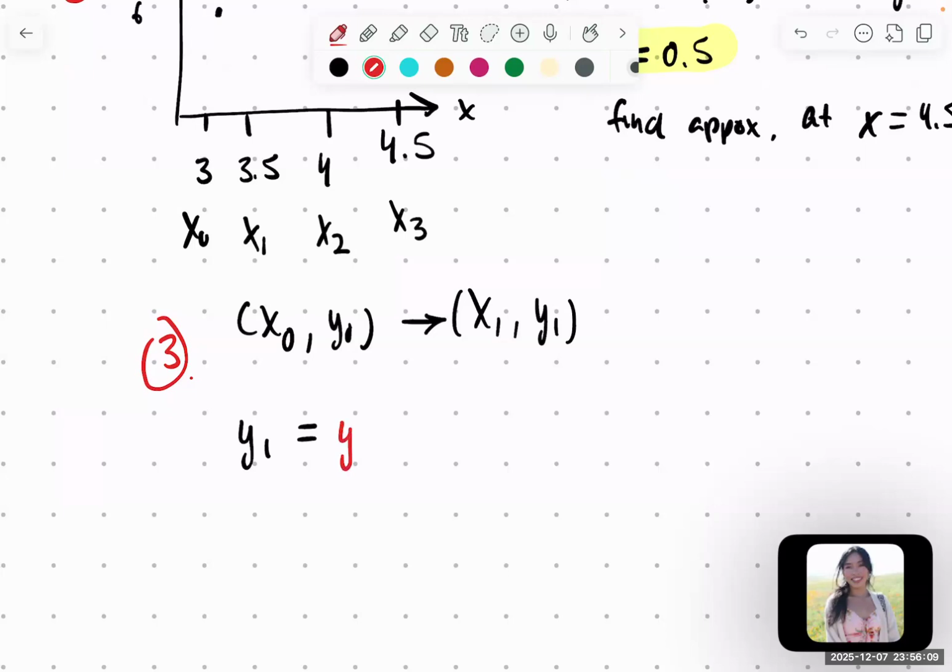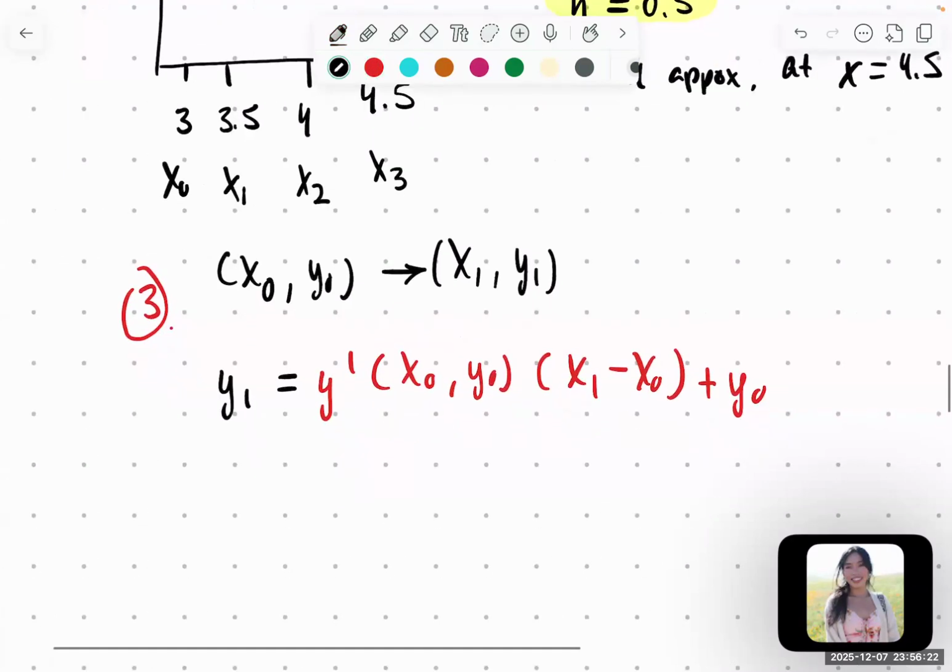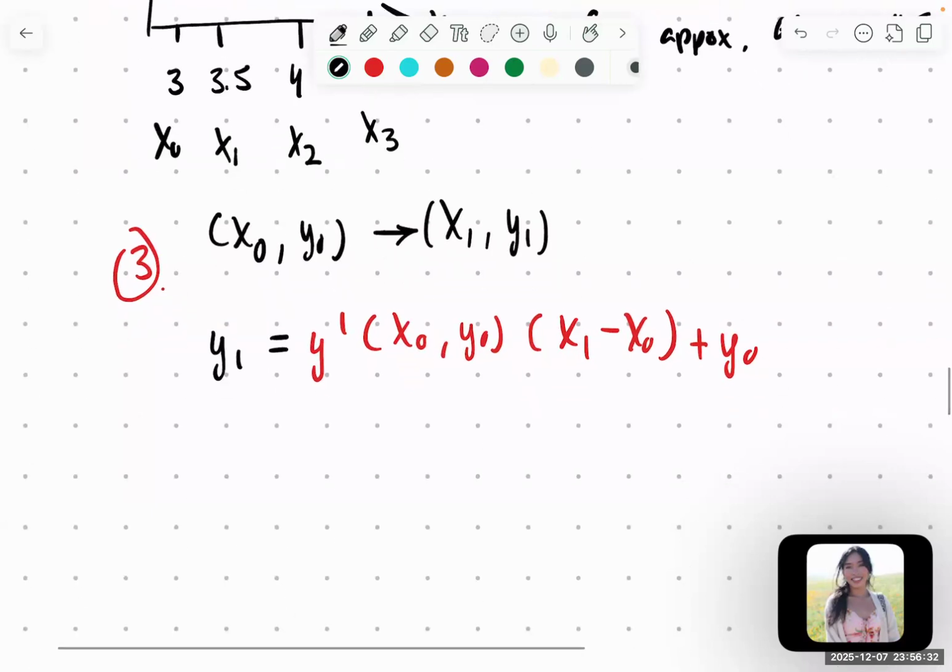We're going to have y1 equal y prime at x of 0, y of 0, times x of 1 minus x of 0, plus y of 0. The crucial part about solving these problems is making sure you have the right part in the problem, so you're not mixing it up. Our y1 we are actually going to compute off to the side.